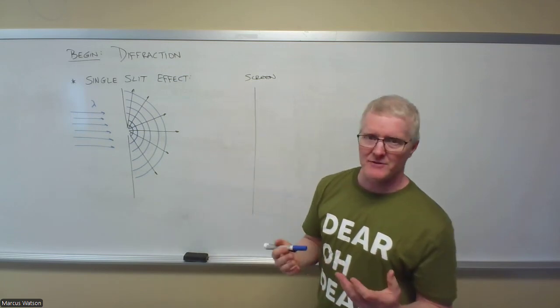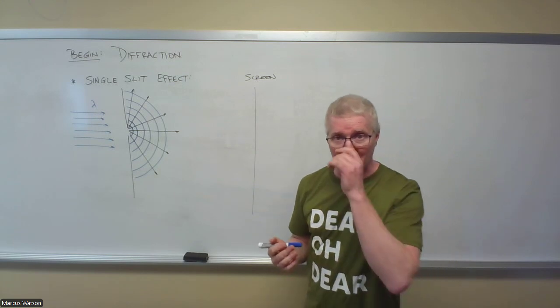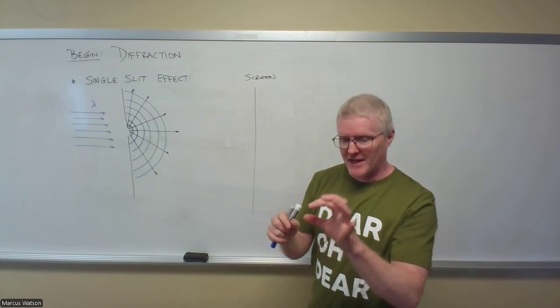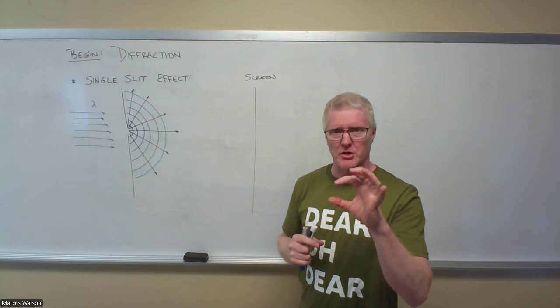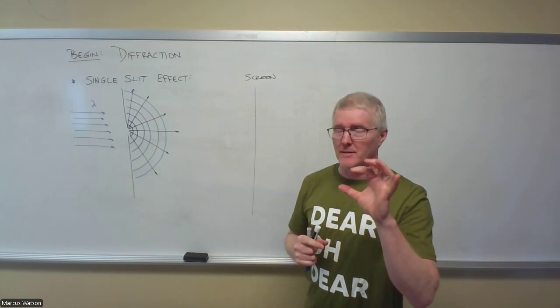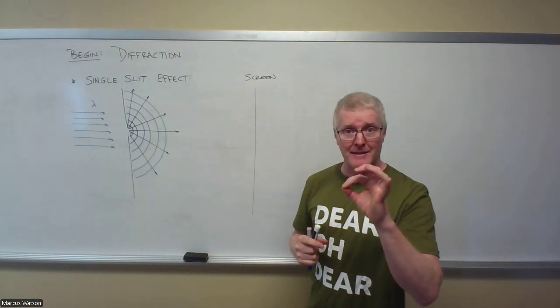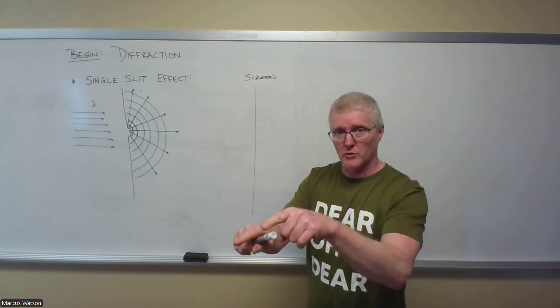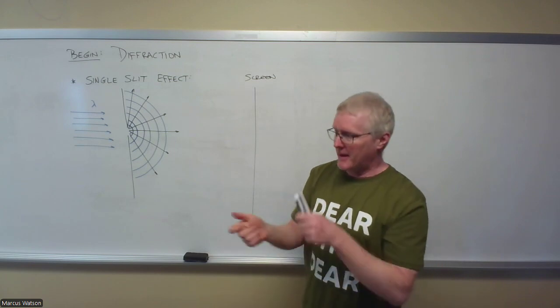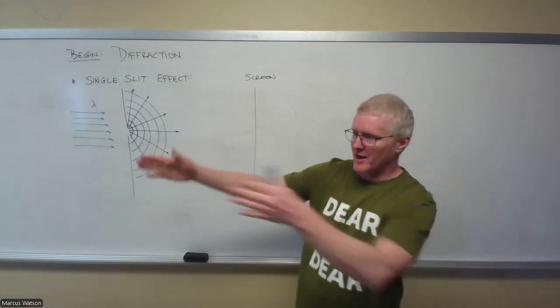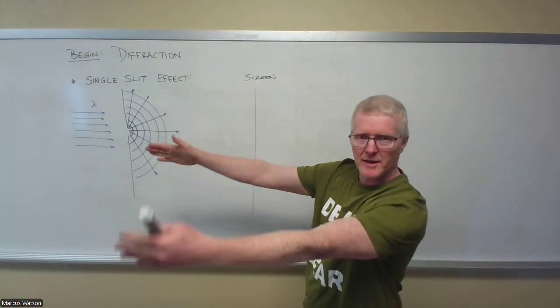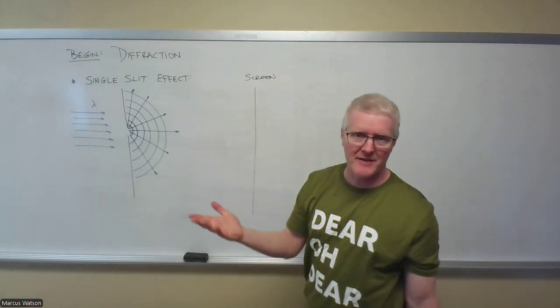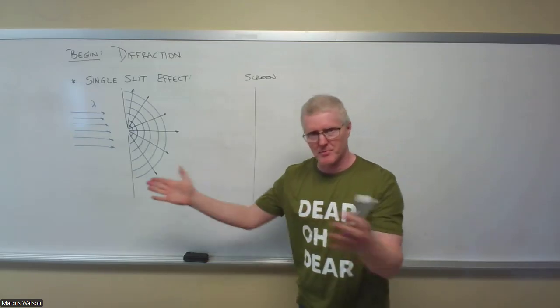And you may have noticed something like this if you've ever had a flashlight. You have a flashlight with maybe a circular lens, circular mirror behind the bulb, right? So that it would make a beam that goes out. But by the time the beam gets over there, it's way bigger, right? That's kind of the same idea. It's spreading out.